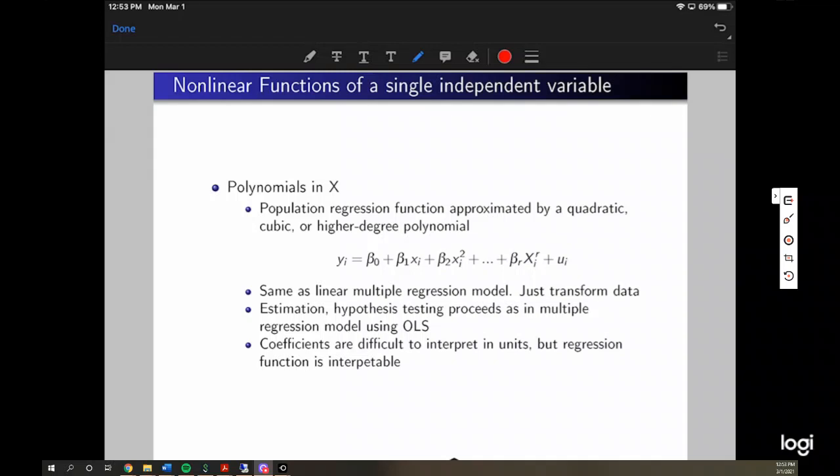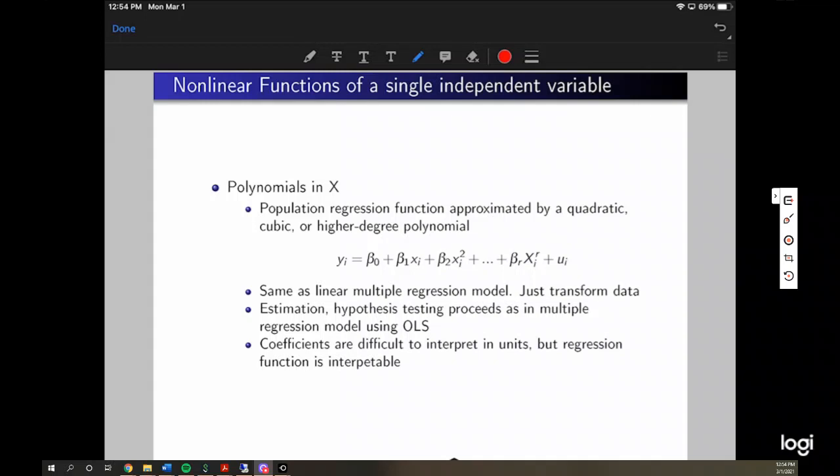So let's do a nonlinear function of a single independent variable, polynomials in x. This is probably the simplest example we can do. Here we have a population regression function approximated by a quadratic, cubic, or higher degree polynomial. A polynomial is just raising the x's to some power. Same as a linear regression model, just transform the data.